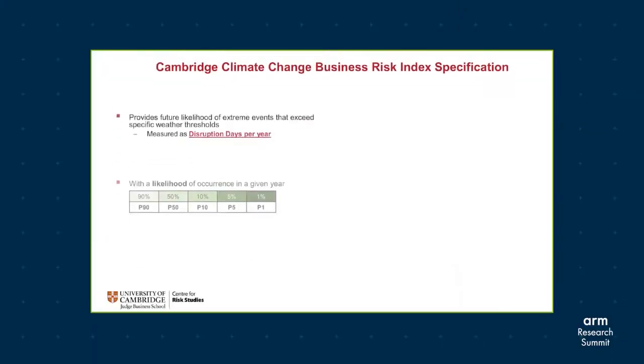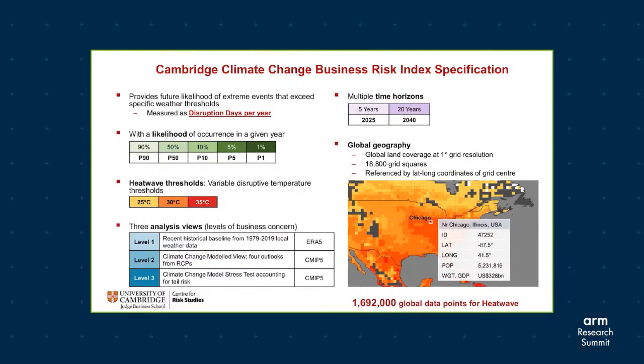And we've been using machine learning tools and techniques in order to synthesize those different sources of information. And that's what you see an example of the output of that methodology presented here, in terms of us starting to develop a climate change business risk index at a local level.